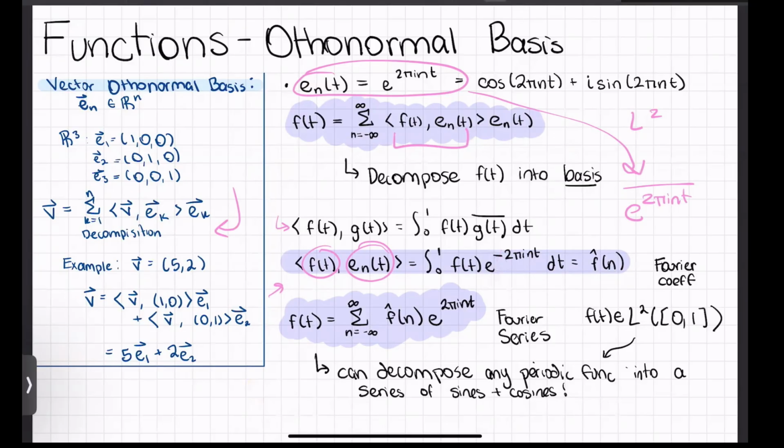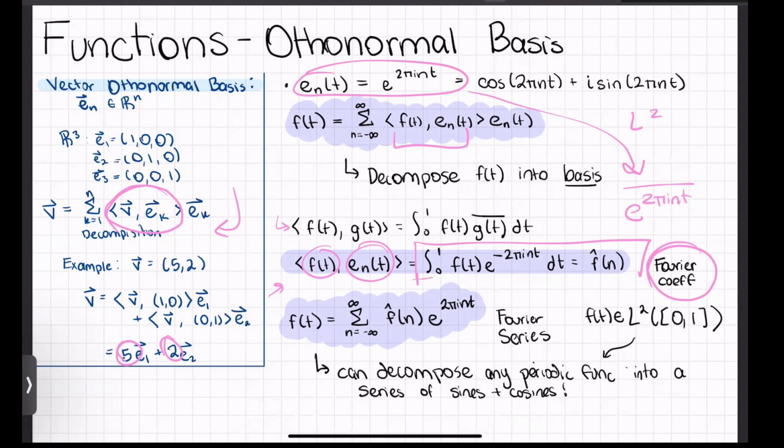Perfect. And this formula right here effectively gives us what we call the Fourier coefficient. Just like if we recall last time with vectors, the dot product gave us the coefficient, so it gave us 5, it gave us 2. Same vibes right here. This is going to give us the coefficient of the basic building blocks, how powerful each block is to the entire function.